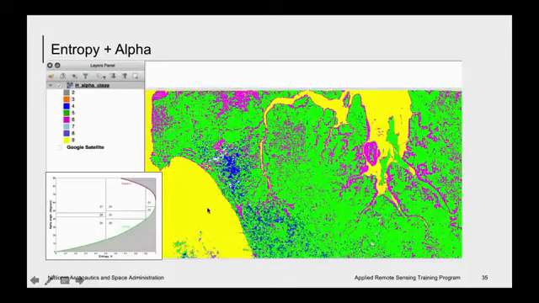And then if you look into the forest, forest is class 5. Class 5 is higher entropy, as you can see here. And class 5 is also in this area that corresponds to volume scattering, as you would expect for forest.